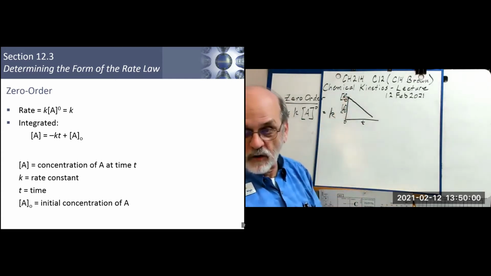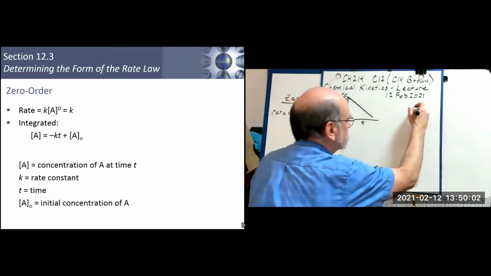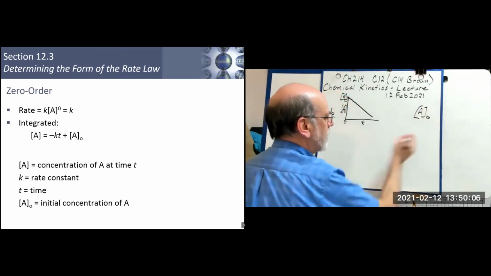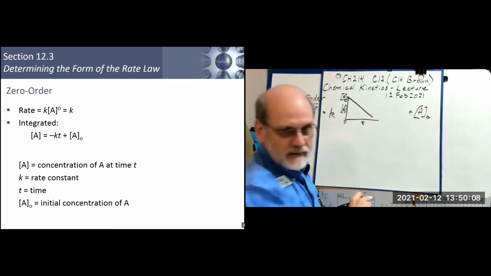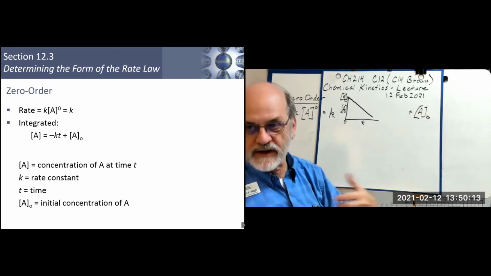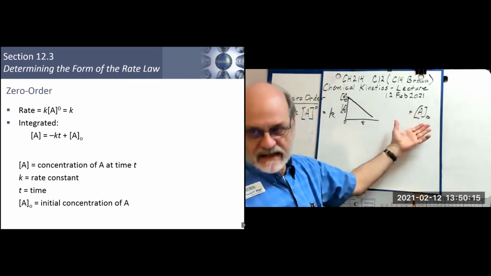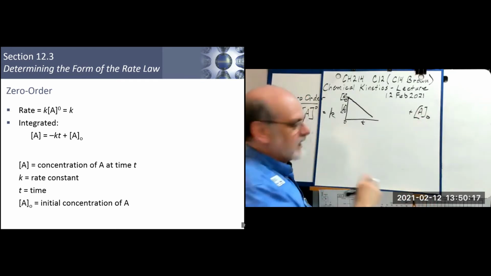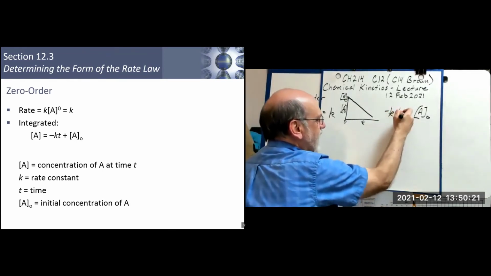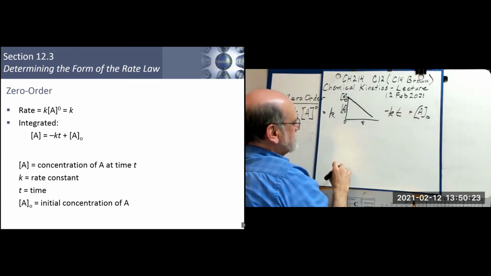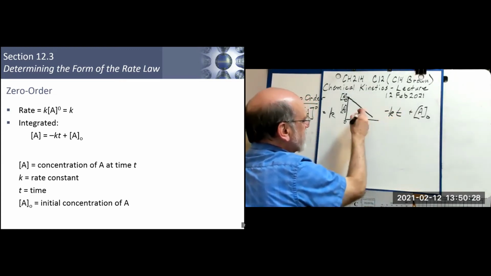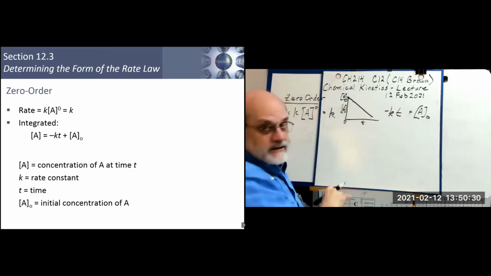So the y-intercept we know is this. Okay? I'm building the straight line formula backwards. You know, y equals mx plus b. That's the b, y-intercept. And then the k times time is the slope, minus k. It's a negative slope, so it has to be a minus k.